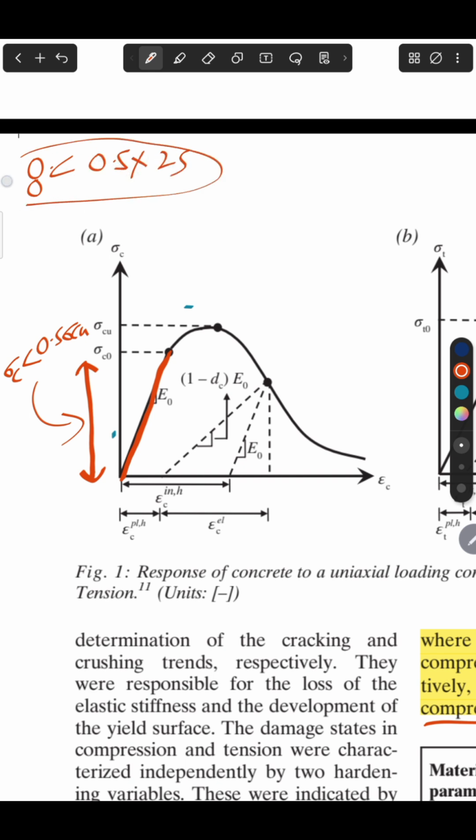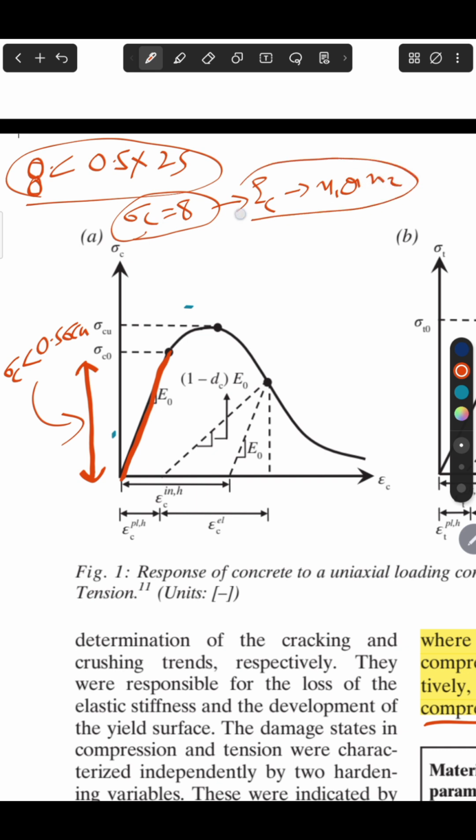Okay, so for taking sigma c equals 8, we get some strain from the formula we derived, strain for any value x1 or x2.